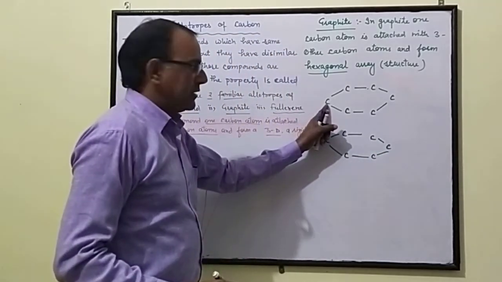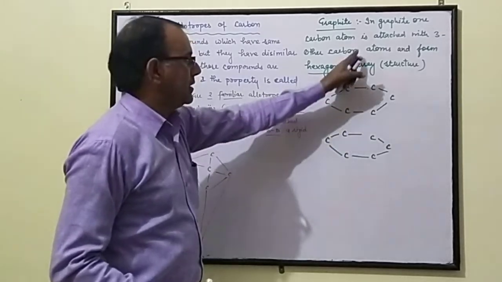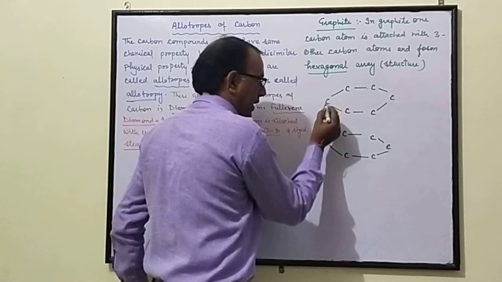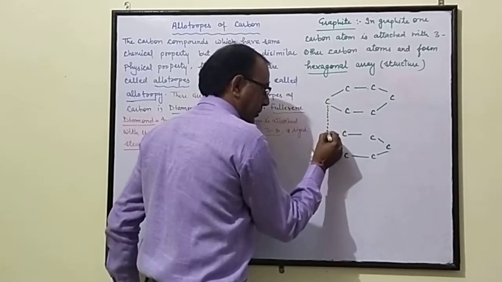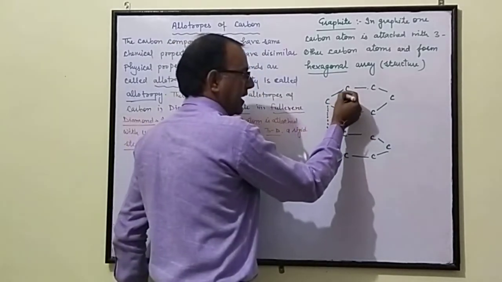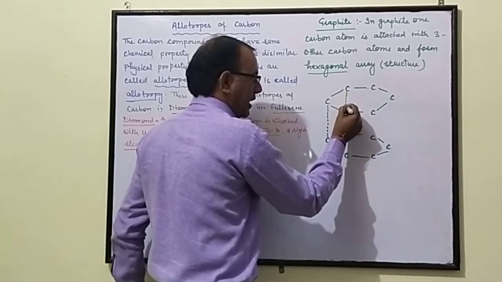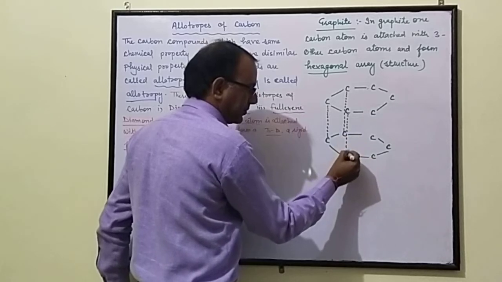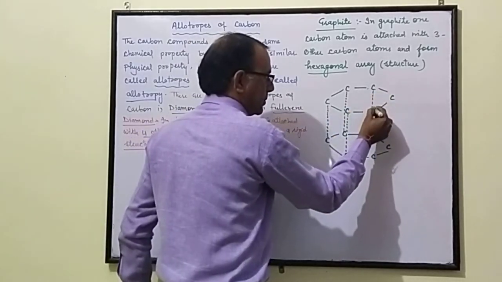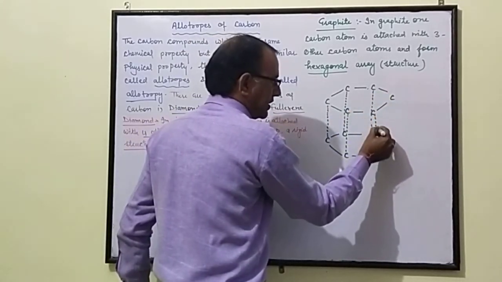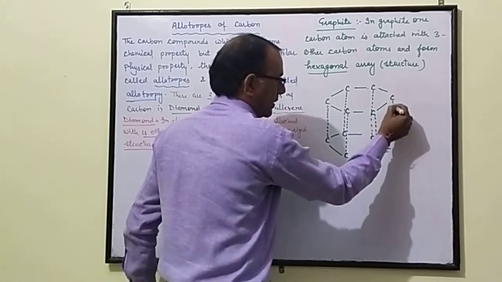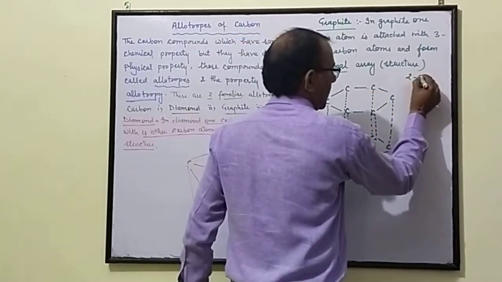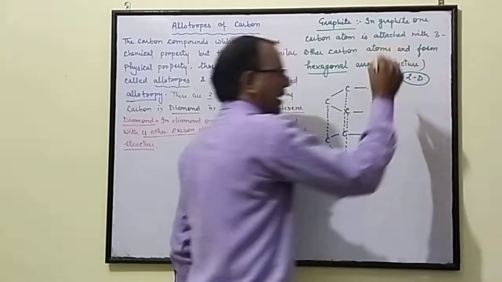This carbon is attached with 2 sides of carbon, but we have seen that 1 carbon atom is attached with 3 other. 2 तो यहाँ हो गए, तो तीसरा इसका कौन सा हो गया? ये वाला कार्बन. इस प्रकार से कैसा स्ट्रक्चर बनेगा? एक 3D रिजिड स्ट्रक्चर बनेगा, सॉरी 2D. 2 डायमेंशनल हेक्सागोनल एरे स्ट्रक्चर बनेगा.